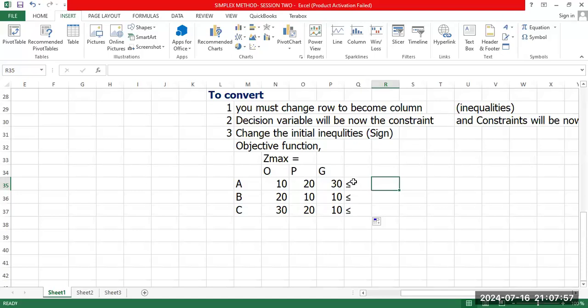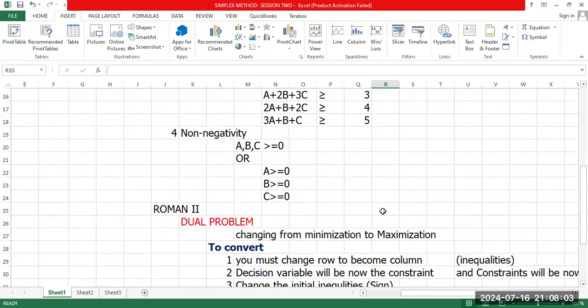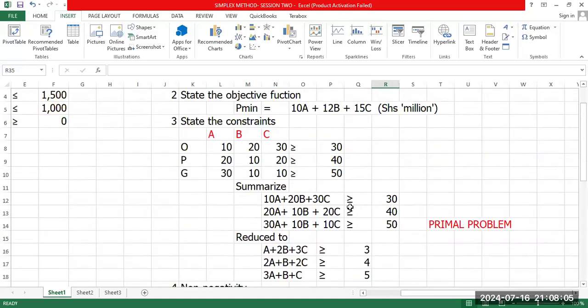Then once you change the inequalities, the figures that will appear here are those you had on your original objective. A was corresponding to 10, B was corresponding to 12, then C was corresponding to 15.